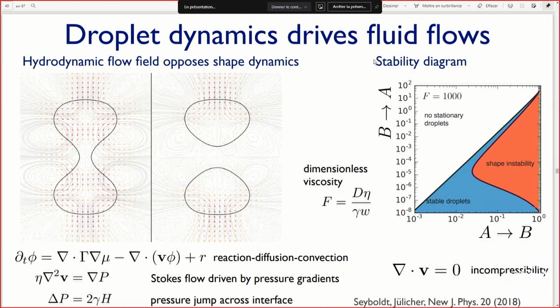And the simple picture I just introduced before emerges when the viscosity becomes large. Then these flows become less and less important. And here you see a state diagram taking into account flows. This is the region without droplets. Here are stable droplets, and here is the shape instability. You still have all the phenomena, but the phase boundaries change and are shifted a bit in a viscosity-dependent manner.